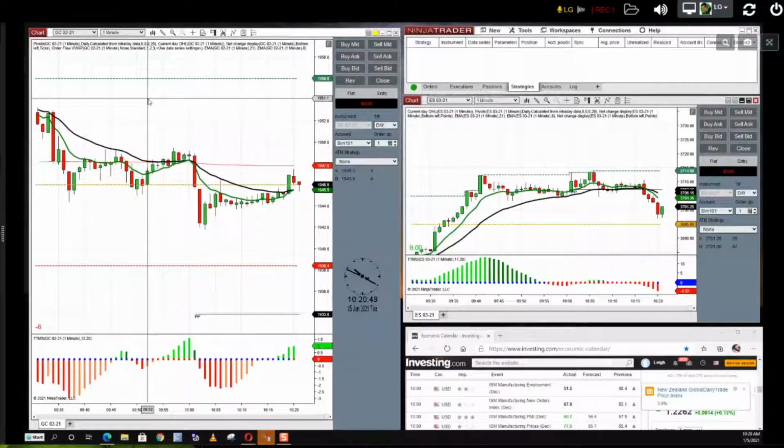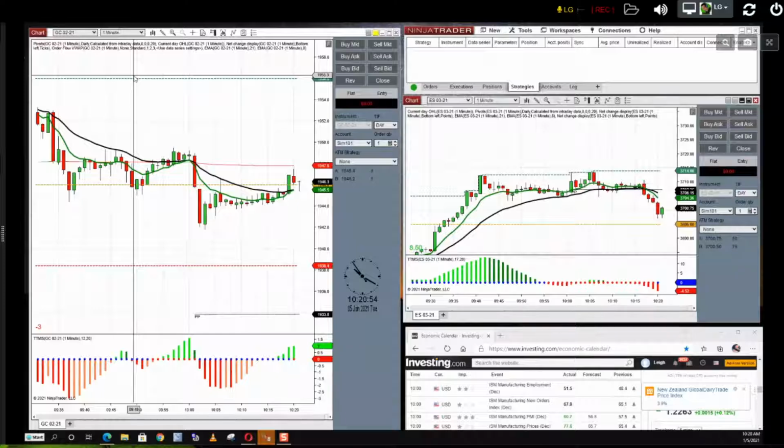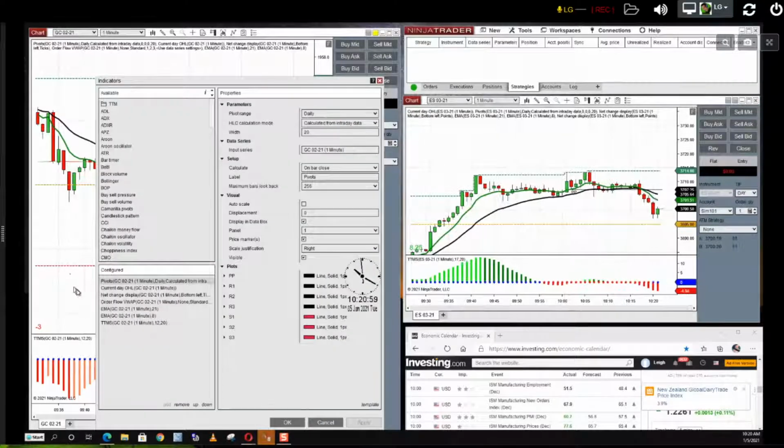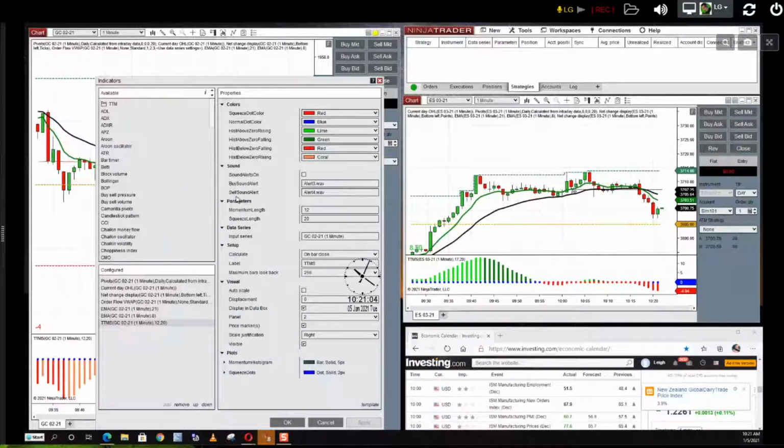On a 1 minute chart, momentum length should be 12 on the squeeze. On a 30-second chart, it should be 17.